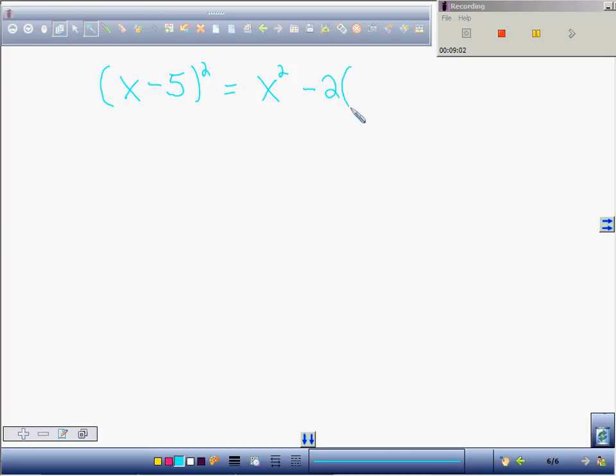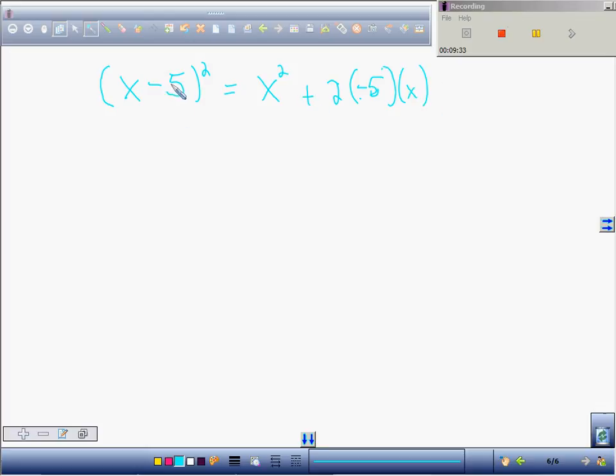It's plus 2 times negative 5 times x, because you're going to have 2 of these terms.